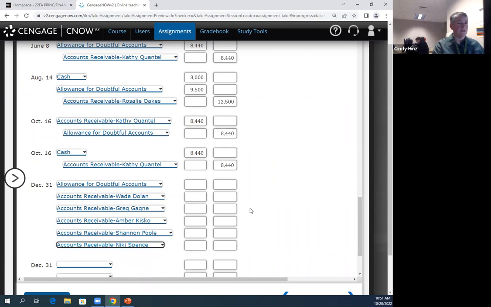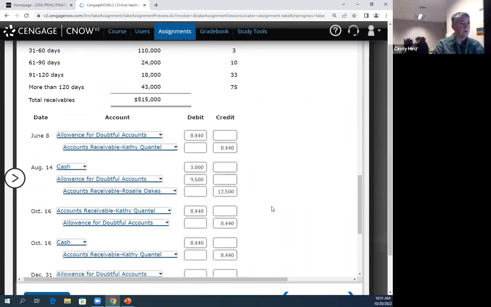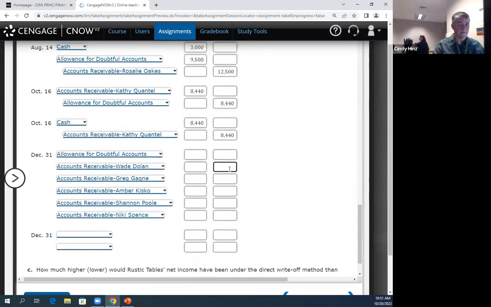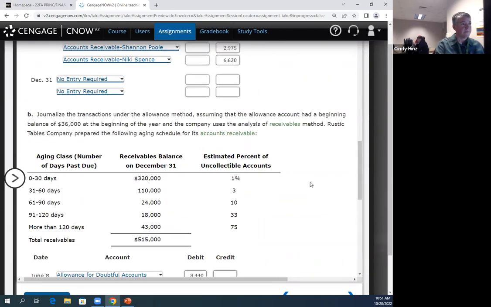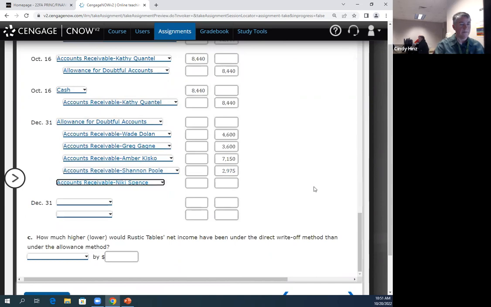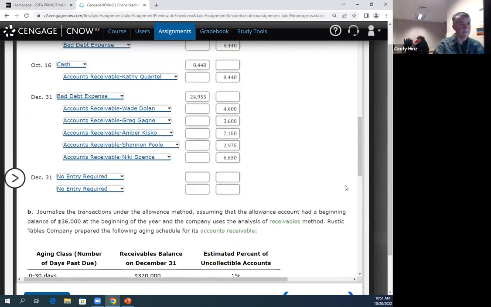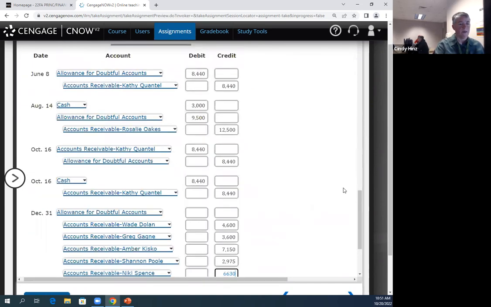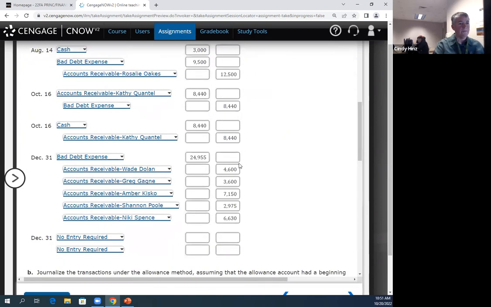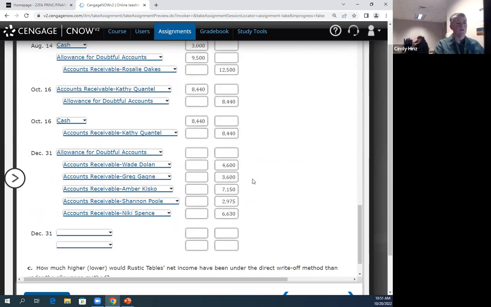We need to bring in the dollar amounts above. And then just like here, total those up to know how much the debit side will be. 24,955, whoops.